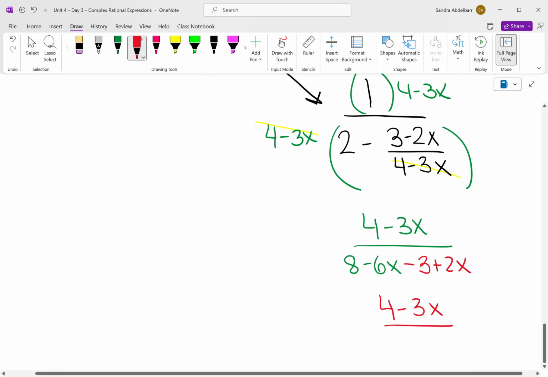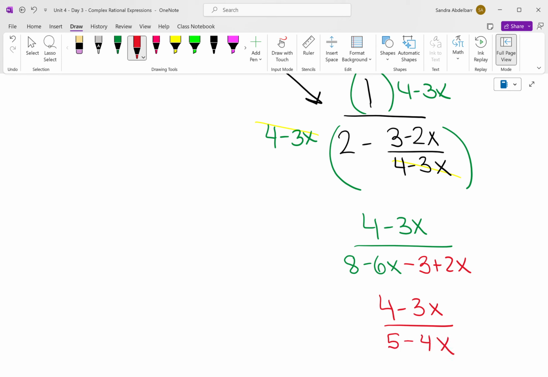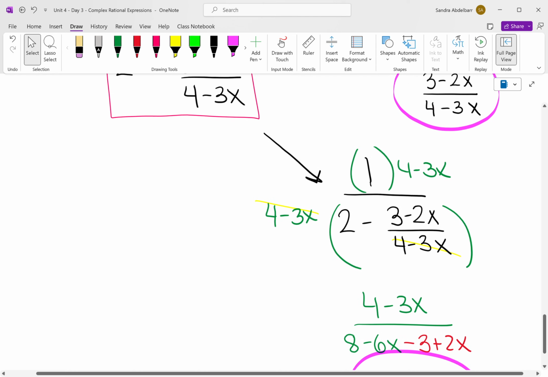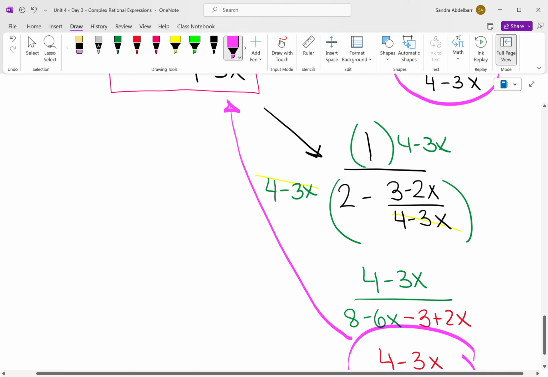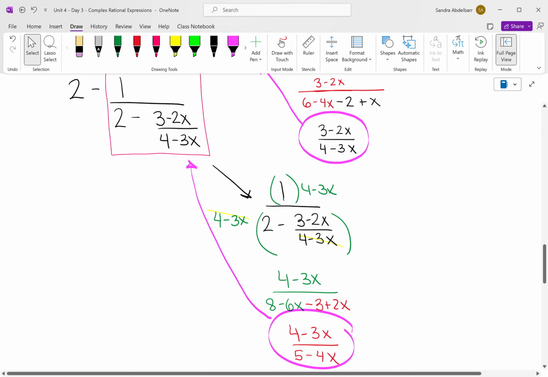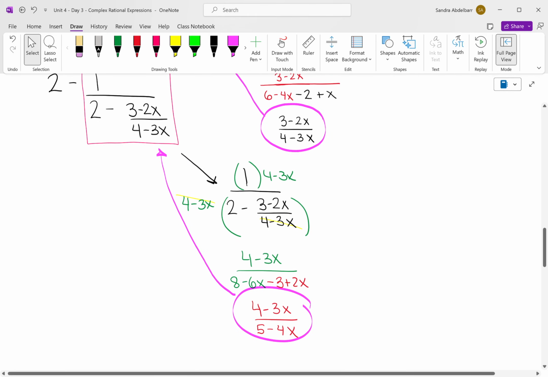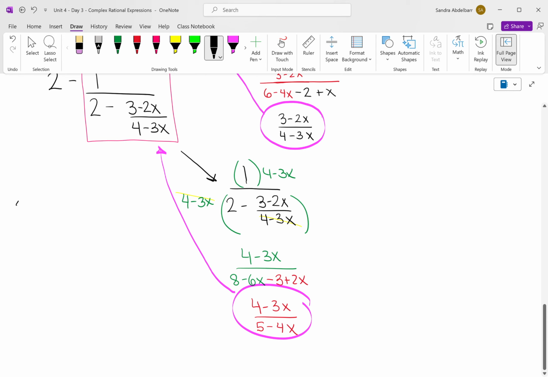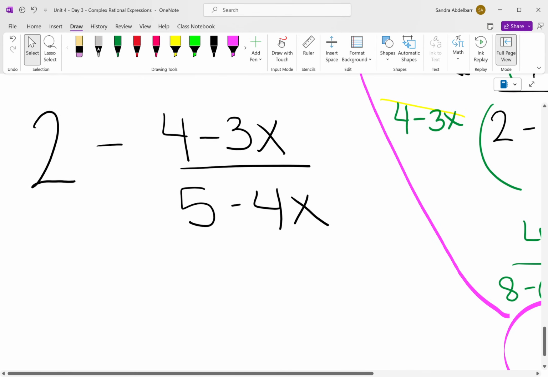So it's going to be a -3 plus 2x, which is going to give us 4 minus 3x over 5 minus 4x. And what do we do? Take this and sub it into our box. All right, so now we're down to 2 minus 4 minus 3x over 5 minus 4x.